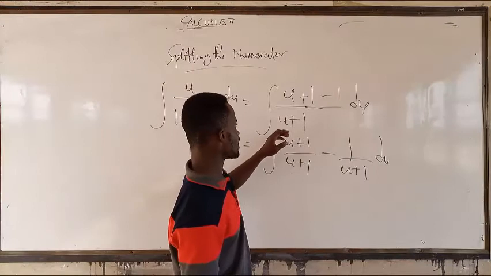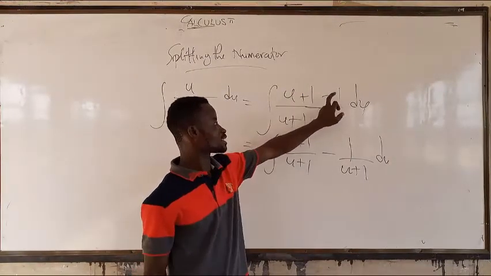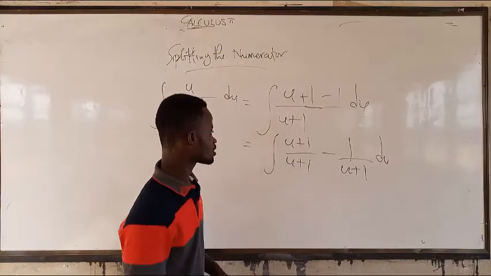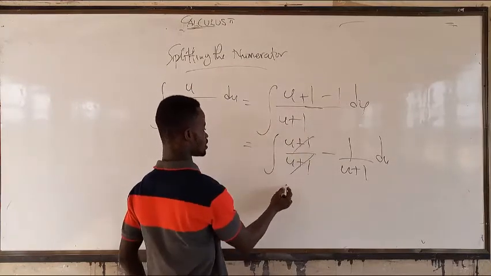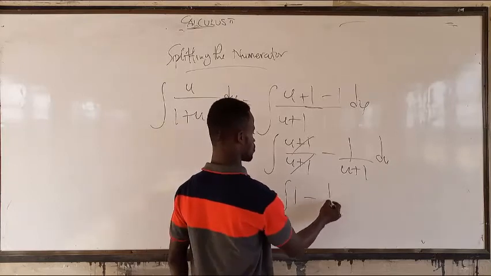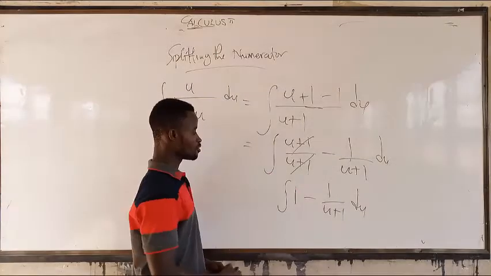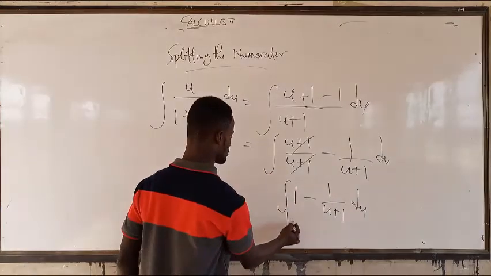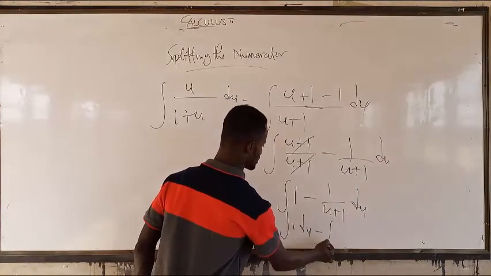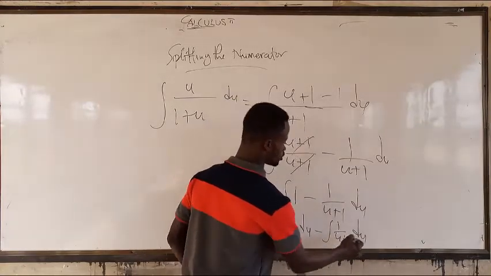So you can divide u plus 1 by this, and divide minus 1 by this. This cancels this, so we get the integral of 1 minus 1 over u plus 1 du. With this, we can integrate each term: integral of du minus integral of 1 over u plus 1 du.